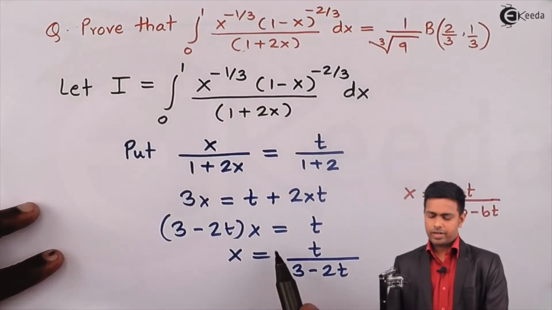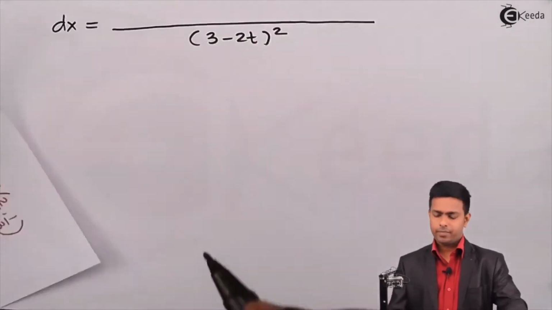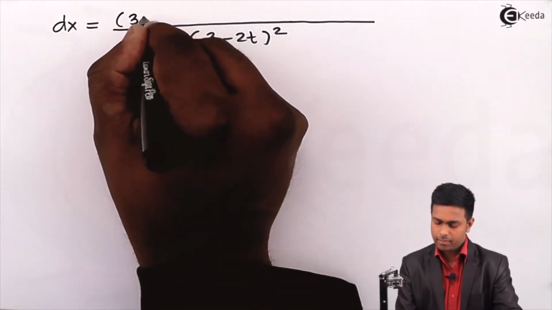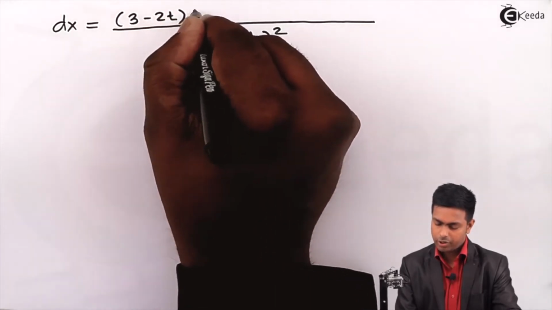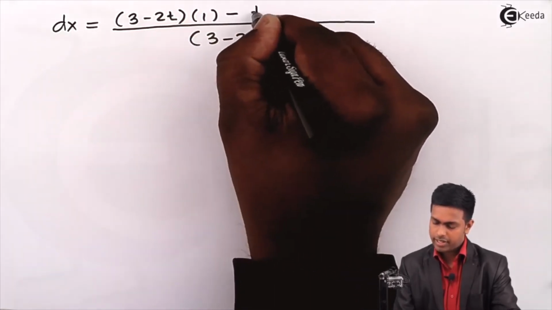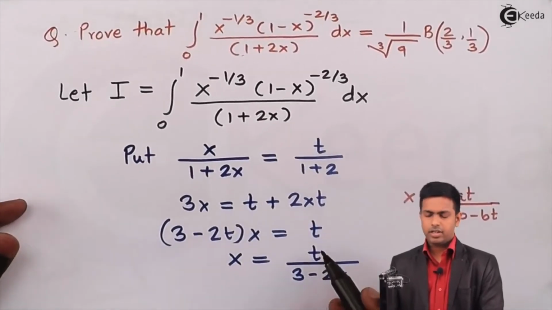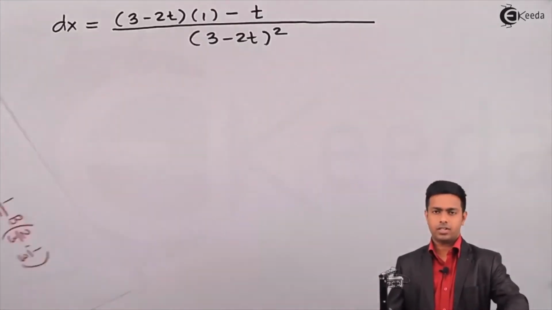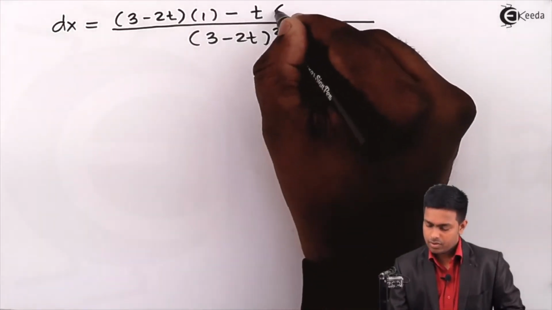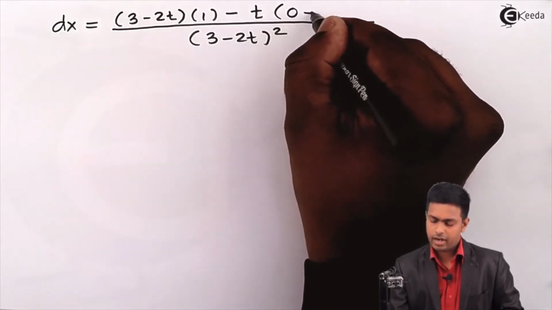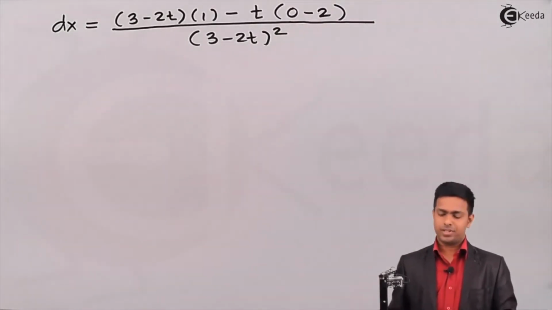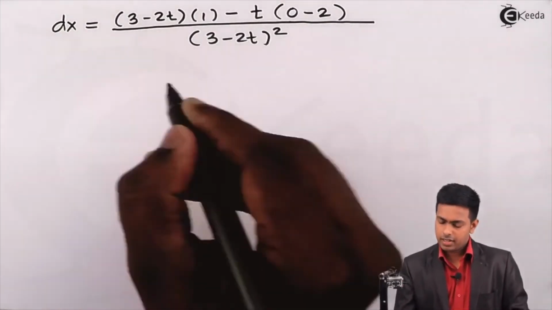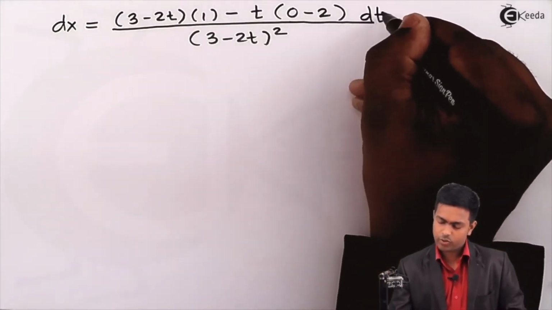Next we write down the numerator: 3 minus 2t into the derivative of t, which is 1, minus t, because this is the u term, into the derivative of the denominator, which will be 0 for 3 and minus 2 for minus 2t. And obviously we will be having dt over here.